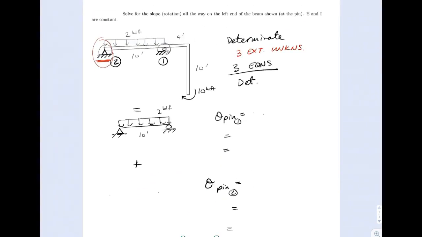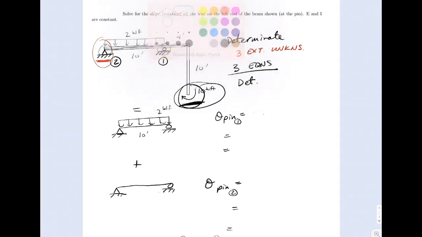Now we've got left over a beam with an applied moment all the way down at the bottom. That applied moment has the same effect as an applied moment anywhere on the structure from a statically equivalent perspective. So we are going to preserve that simply supported segment and draw a statically equivalent representation of that force right up here at the roller.